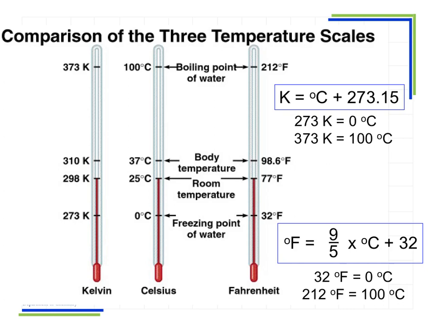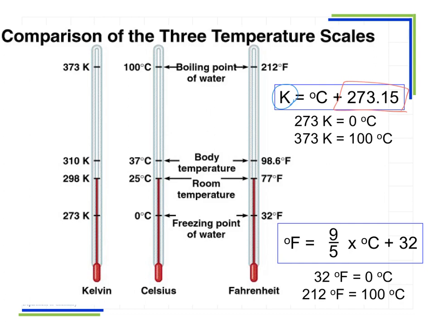Okay, so the other quantity we want to talk about is temperature. We know that the SI unit for temperature is Kelvin, and to convert Celsius to Kelvin, you can just add 273.15 to Celsius, and that will be Kelvin.